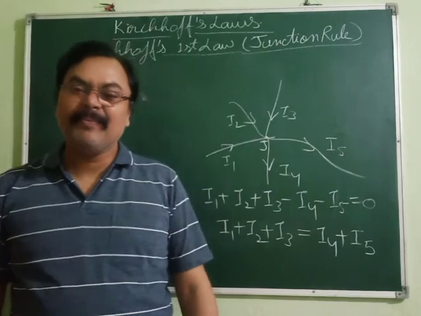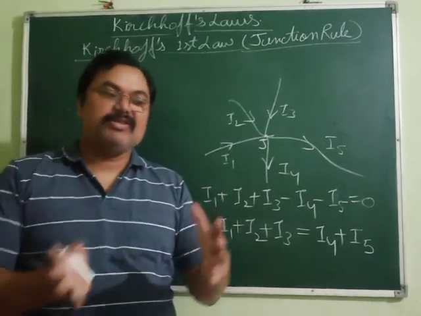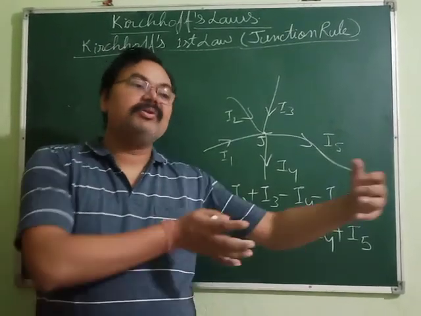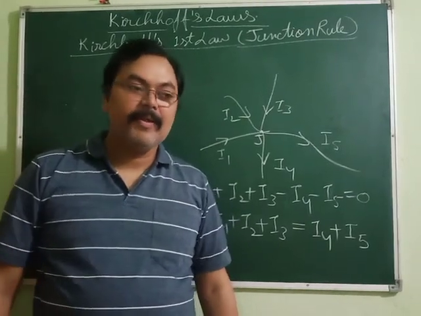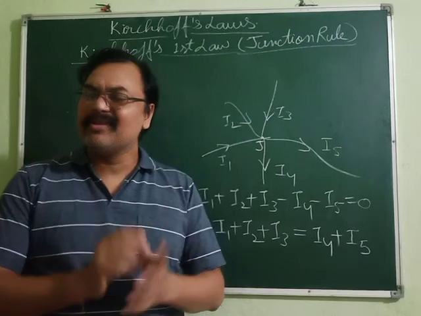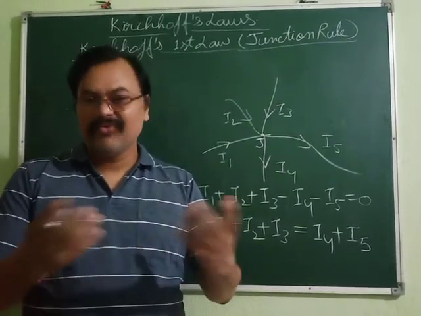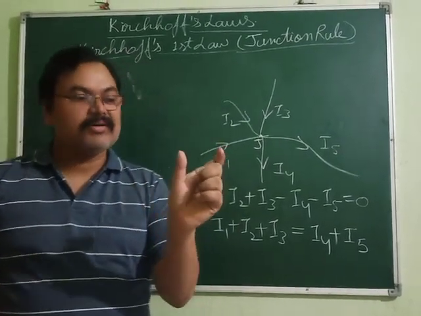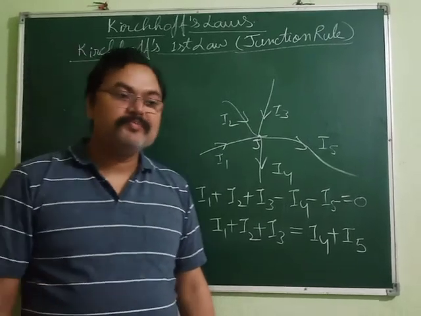Okay, written. That means whatever charge is approaching the junction per unit time, the same amount of charge is going to leave. So if the same amount of charge is going to leave, is there any charge accumulated at the junction? No. So we can write one more small sentence after the full stop.